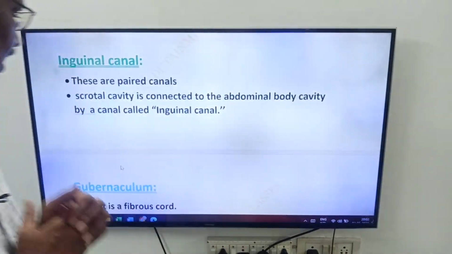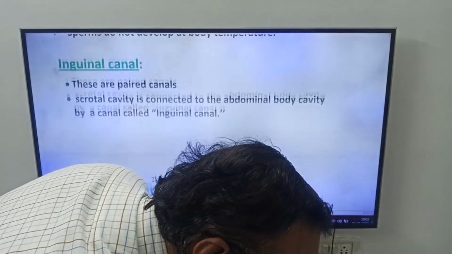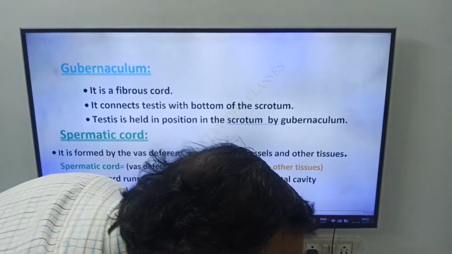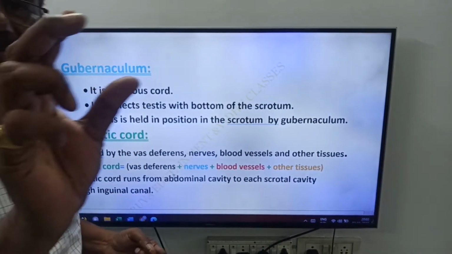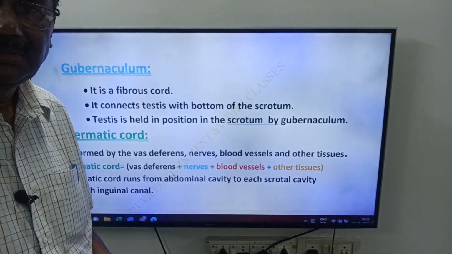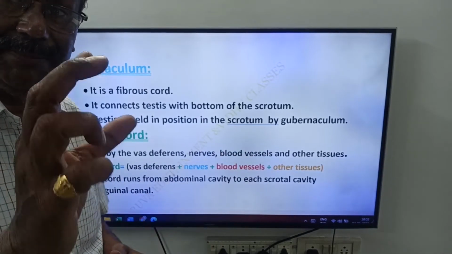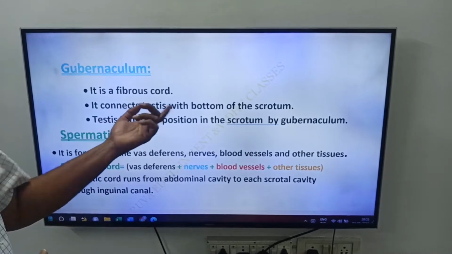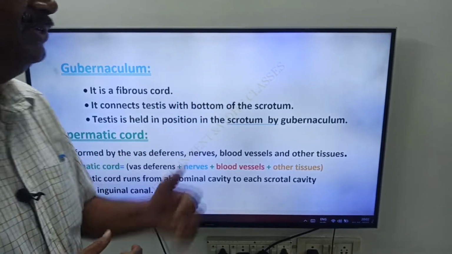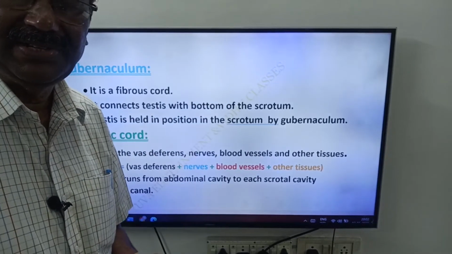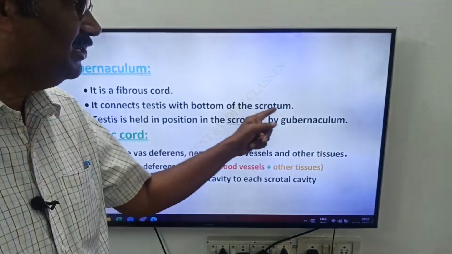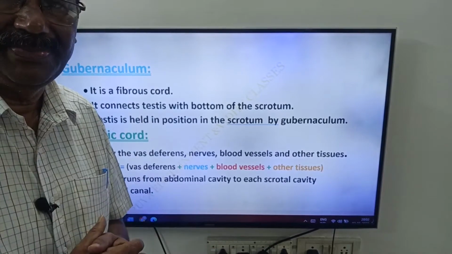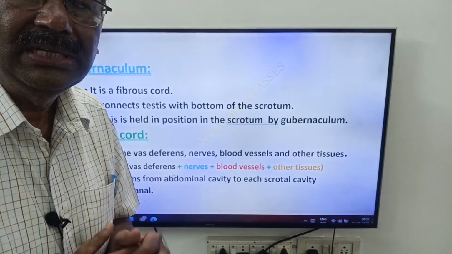Now come to the gubernaculum, one more important word and definition. It is a fibrous cord, a cord-like structure made up of fibers. It connects the testis with the bottom of the scrotum. What is the function of the gubernaculum?